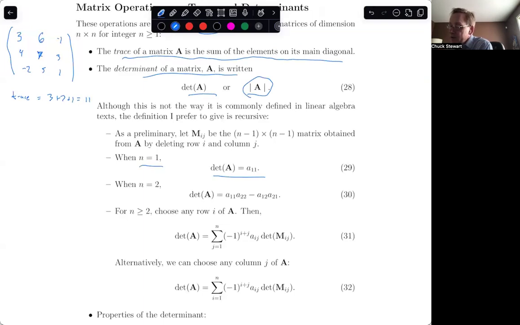When n equals 2, the determinant looks like what we use for the cross product. So we have A11, A12, A21, A22. The determinant is the product of the diagonal minus the product of the off diagonal. So A11 A22 minus A12 A21.